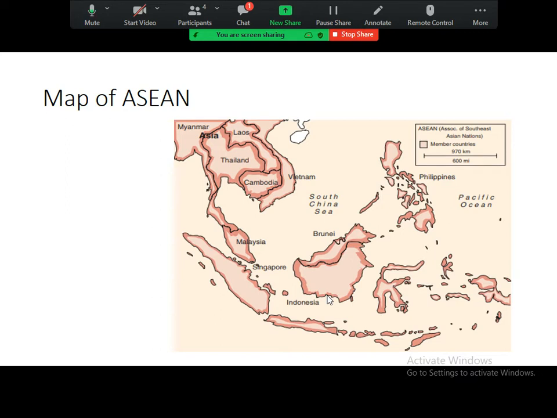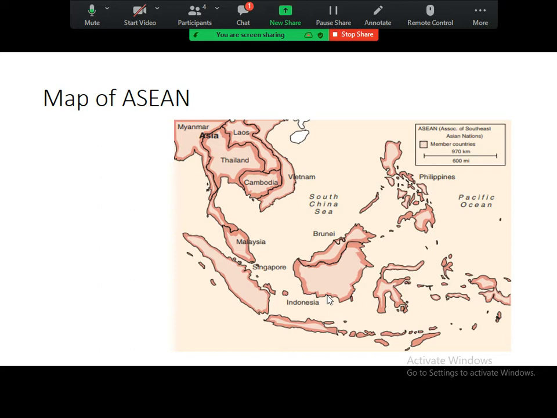Recently, Japan, China, and Korea were also informally added as group members on the roster. Some observers call them ASEAN plus three. These three are Japan, China, and Korea.